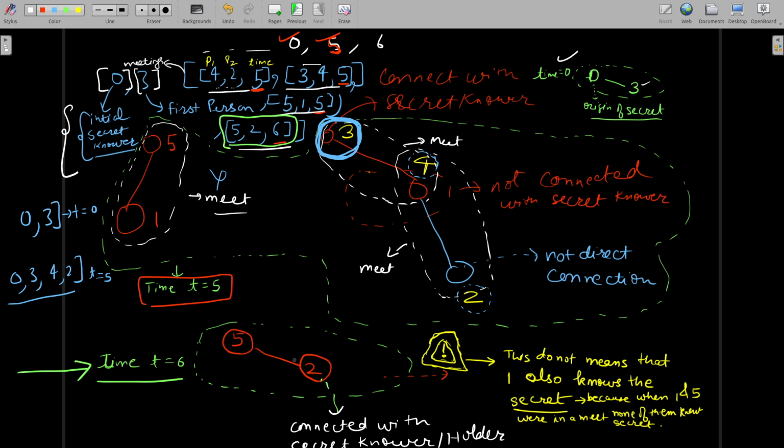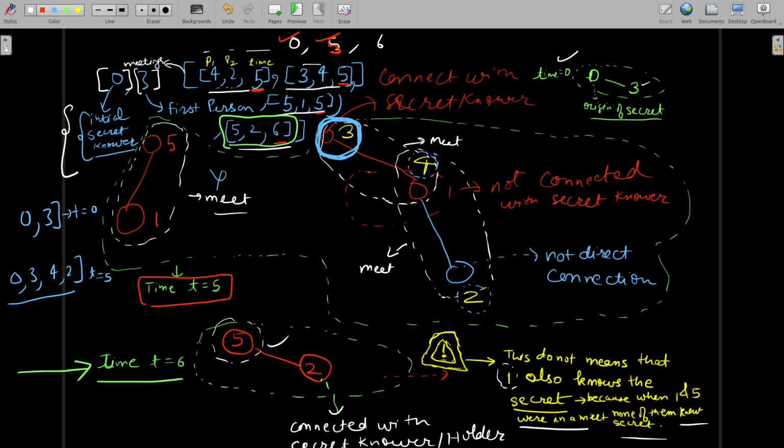So 2 will spread the secret to 5. Okay, so 5 will also come to know about the secret, but this does not mean that 1 also knows the secret, because when 5 and 1 had the meeting, at that time none of them were knowing the secret. So this thing is to be noted here.